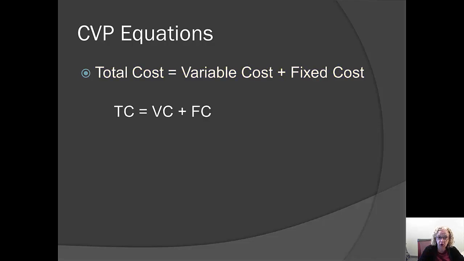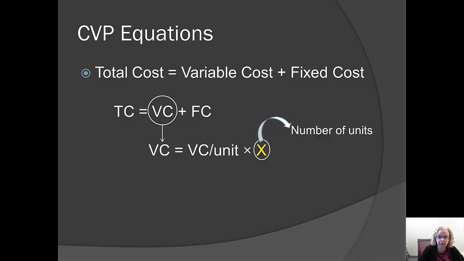So we can take our total cost and we can split it up into a variable component and a fixed component. Now, the variable component is proportional to the number of units that we make. So we can say that the variable cost is equal to the variable cost per unit times X, the number of units.